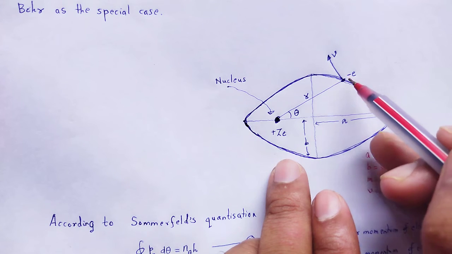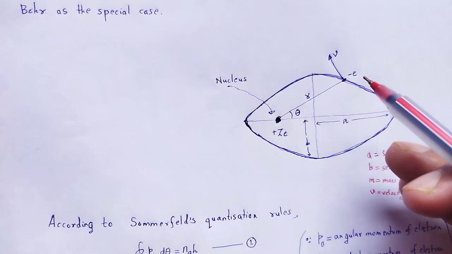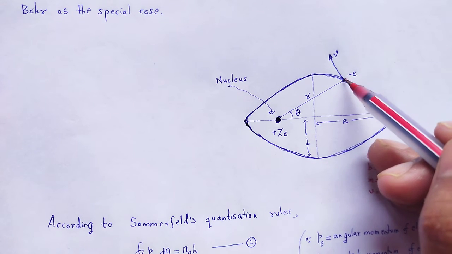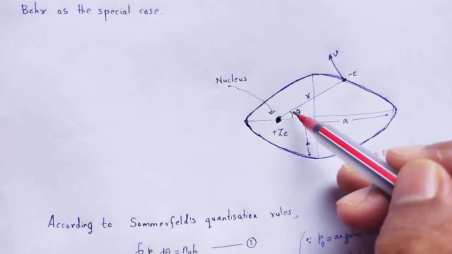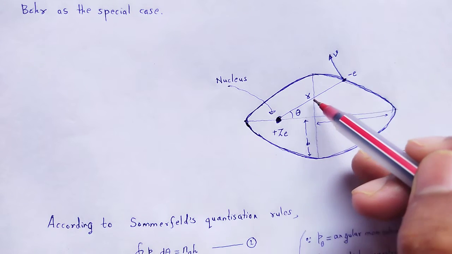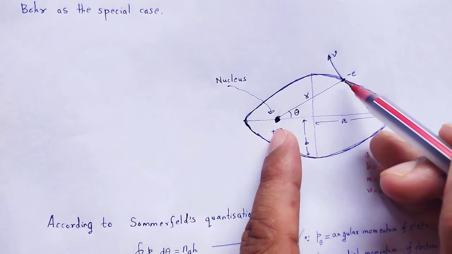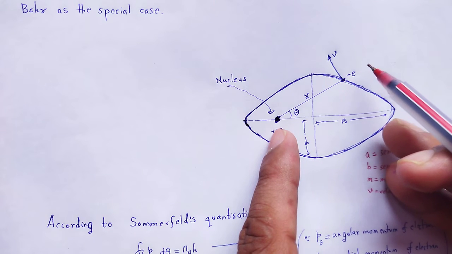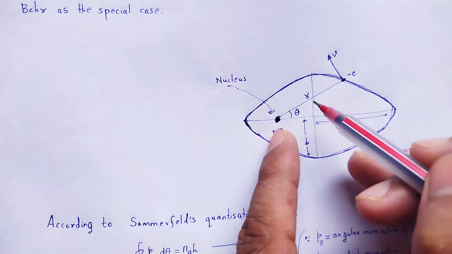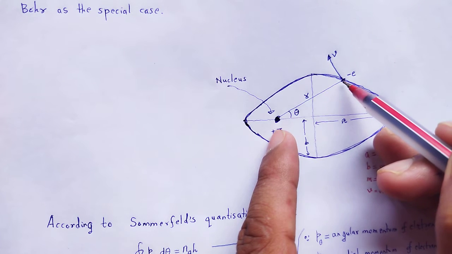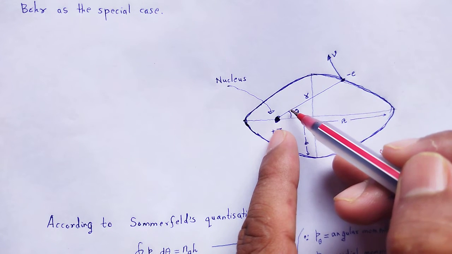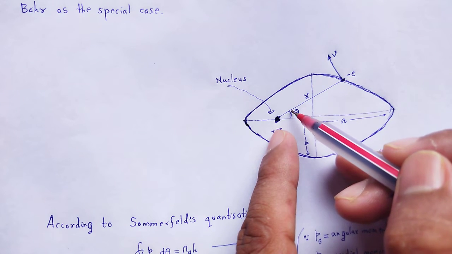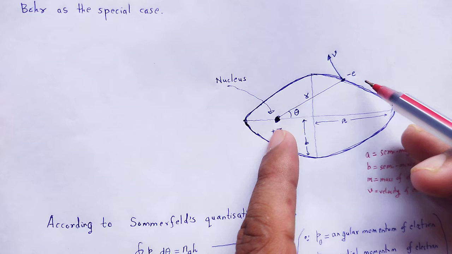Due to this, the electron has two types of momenta. One is the momentum due to the change in distance, which we call radial momentum. Another momentum develops due to the change in angle, which is called angular momentum.